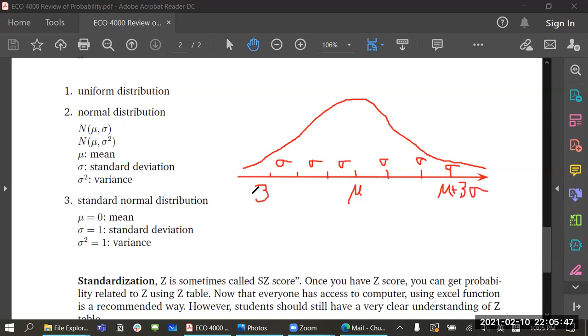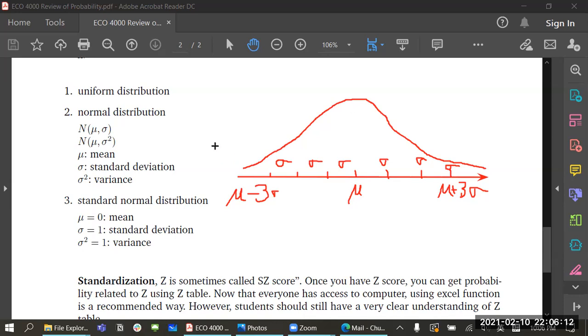Why is this important? Because we usually say in a normal distribution, most of the data is within mu plus or minus 3 sigma. So a value that is outside of this range, we call an outlier.